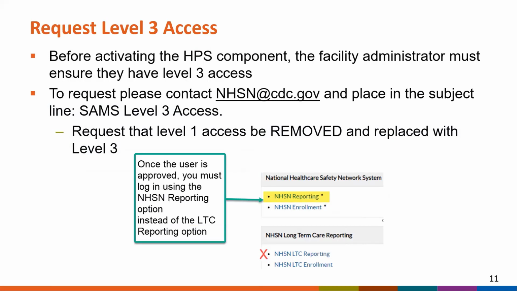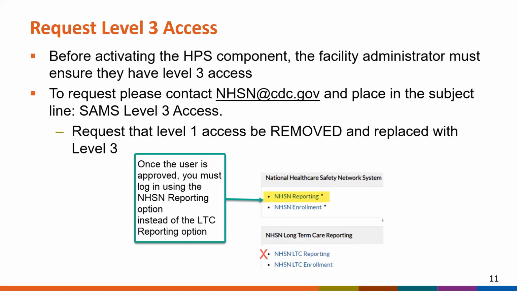Facility administrators will need to send an email to nhsn@cdc.gov with the subject line, SAMS Level 3 access. In the body of the email, facility administrators will request that Level 1 access be removed and replaced with Level 3. It usually takes between 1 and 2 days for the help desk to add Level 3 to the user's profile.